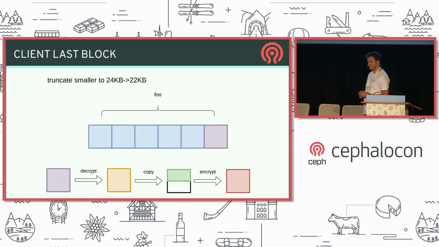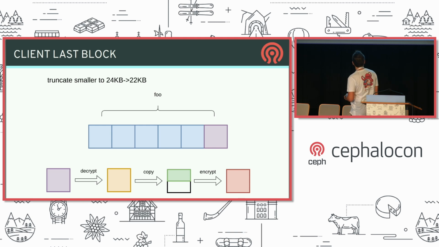So let's take a look at a sample case of this. So we have up here a truncate smaller case from a file that's 24 KB down to 22 KB. There's a file here represented as foo, 6 even blocks of 4K each.